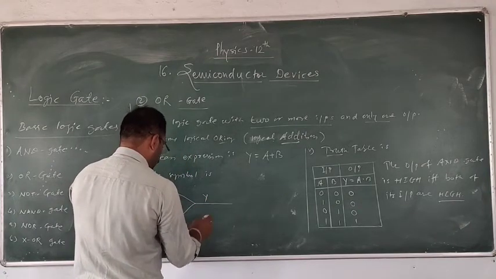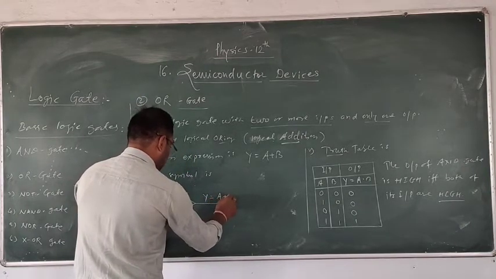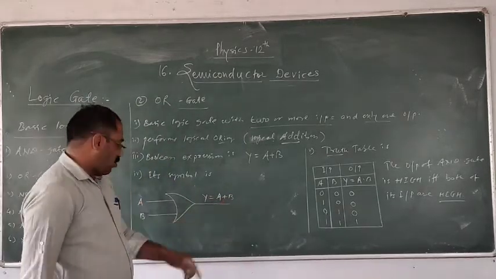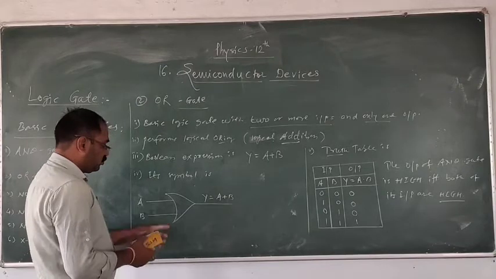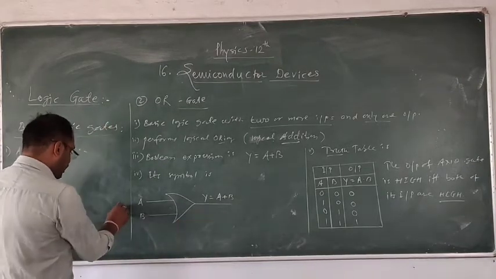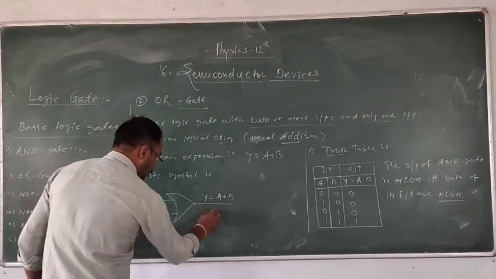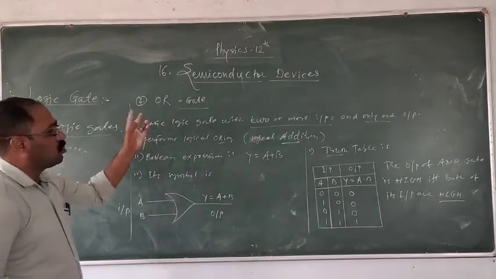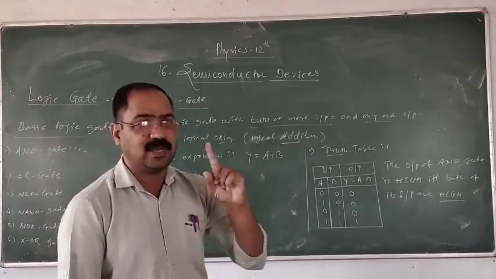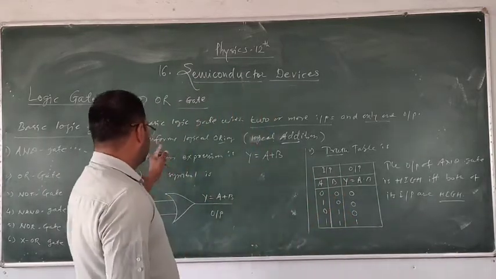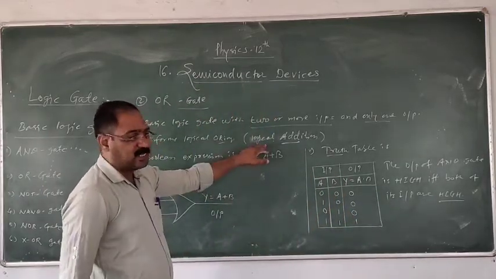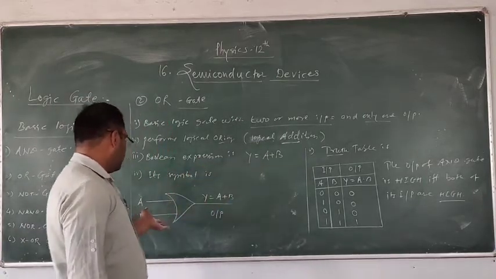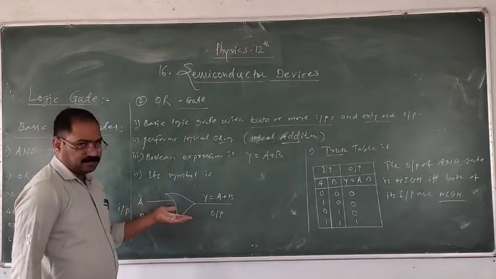Therefore, this output Y equals A or B. Read this as A or B. This is your input and this is your output. So this is the OR gate having 2 or more input signals and only one output signal. This performs the function of logical addition. The Boolean expression is Y is equal to A or B. Its symbol is like this.